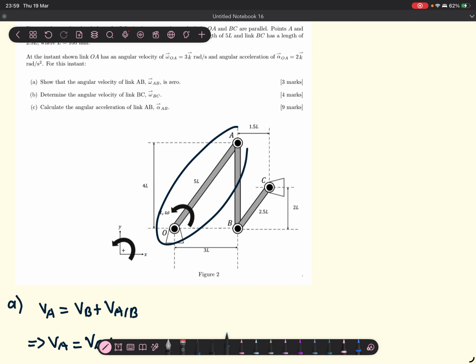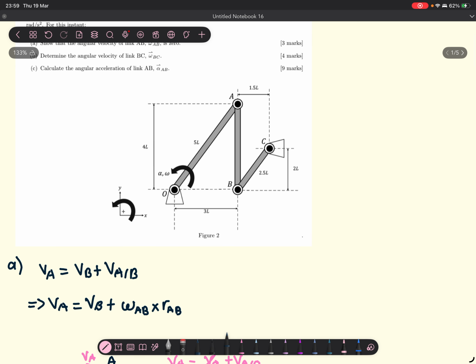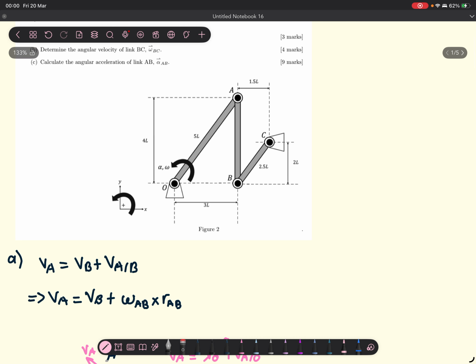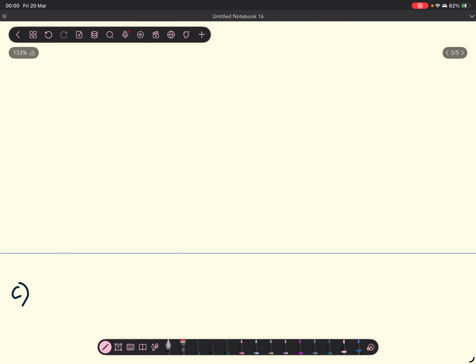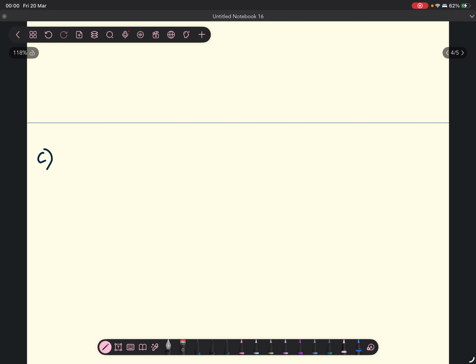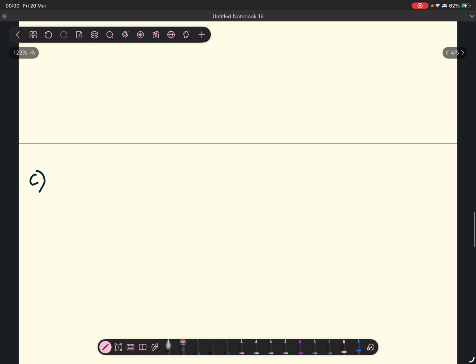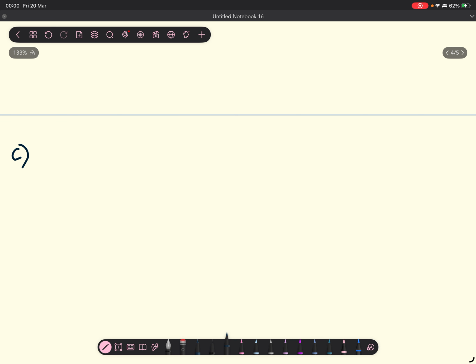So we're going to start with this link, and then we're going to find the acceleration of A, and then we're going to try and find the acceleration of B, and then we're going to relate the two together to try and find the angular acceleration of AB. So let's first start with an equation that has the unknown that we want, and then let's take it from there. So we have acceleration of A is equal to the acceleration of B plus the acceleration of A relative to B.